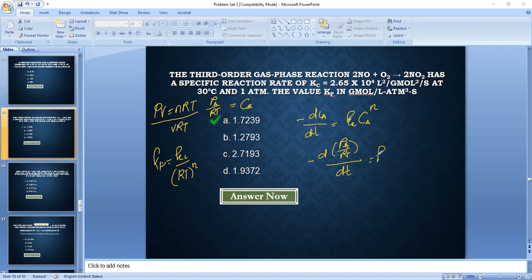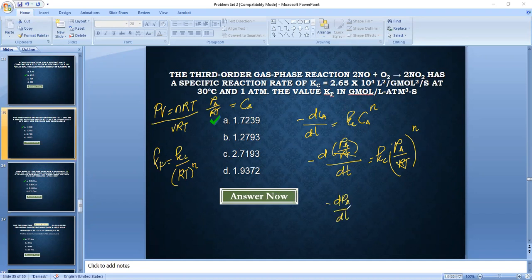And you will have here K sub C, because we have concentration here, I will change the concentration in terms of partial pressure as well. We raise this to n. Now this is a constant, it will not participate in the differentiation, it will be just simply placed before the derivative. So I'll just get this one here and I'll take one here. But it still has a remaining exponent, whatever the n is. The left side now is converted to dPA dt.